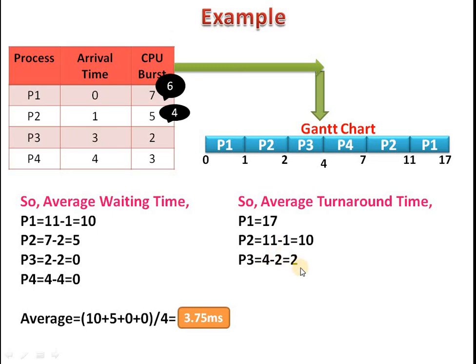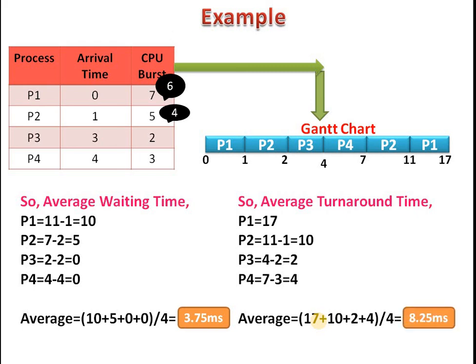So 4 minus 2, it's 2. And last, P4 has turnaround time 7 minus 3 is equal to 4. Take the average turnaround time, that is 17 plus 10 plus 2 plus 4 divided by 4. It's a total 8.25 milliseconds.